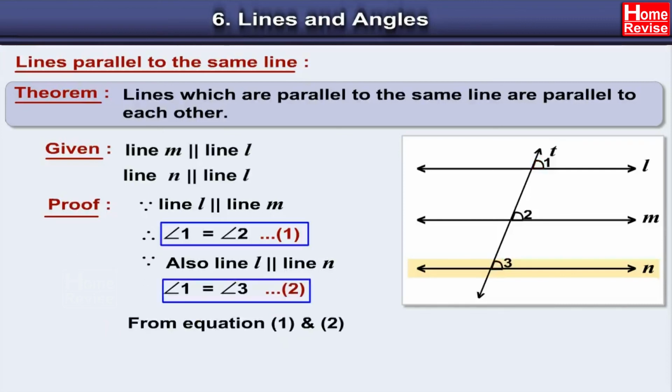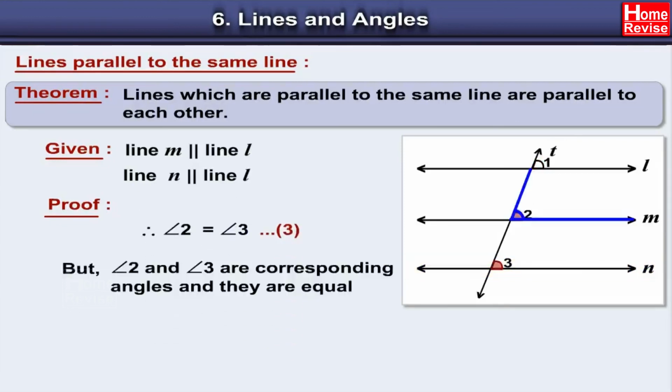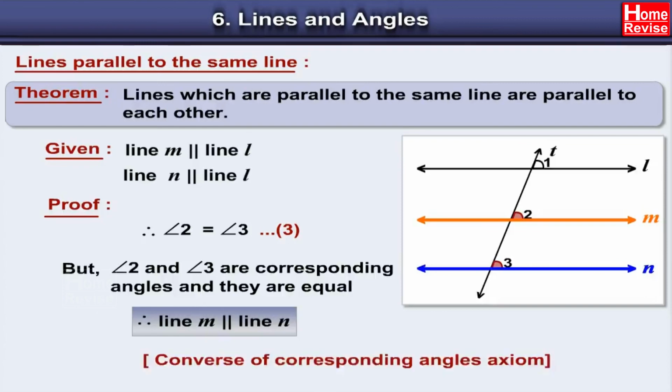From 1 and 2, we get angle 2 is equal to angle 3. But angle 2 and angle 3 are corresponding angles and they are equal. Therefore, line M is parallel to line N, by the converse of the corresponding angles axiom.